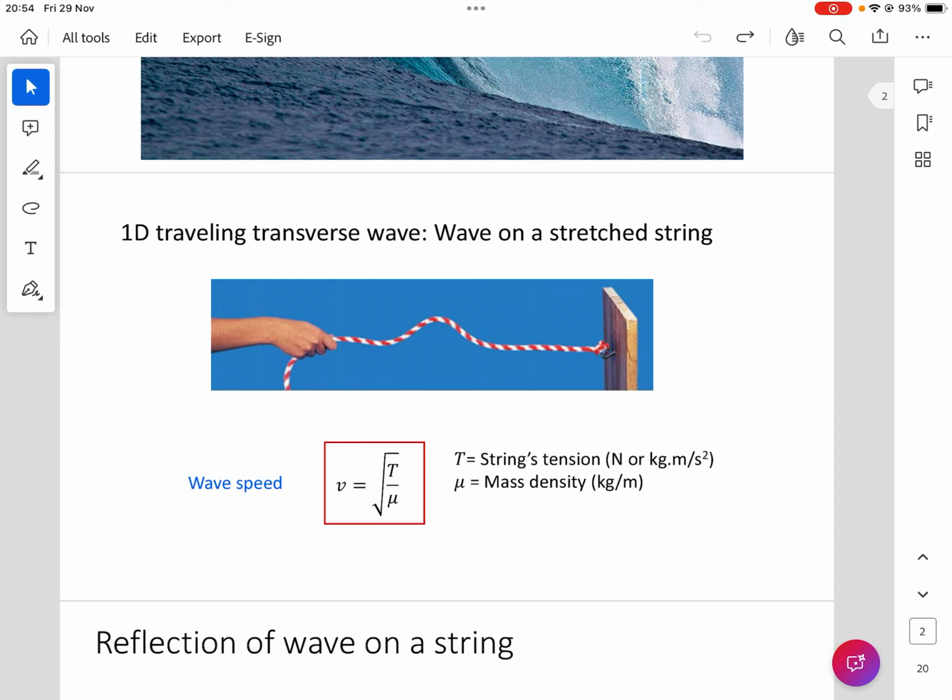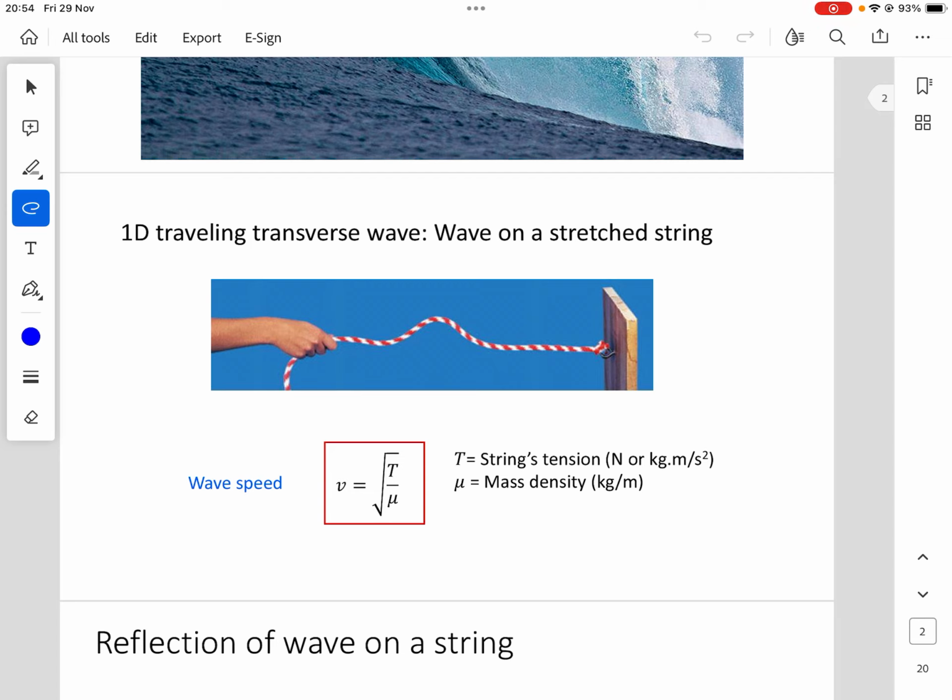First of all, we have to talk about the wave speed for the wave on the string. You know that wave speed for any type of wave depends on the properties of the medium. That is also true for the wave on the string.